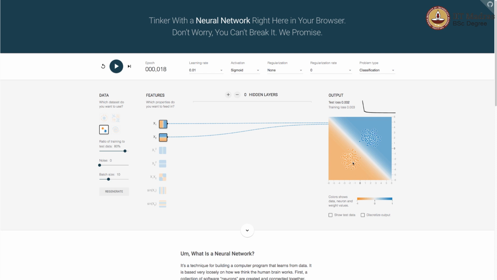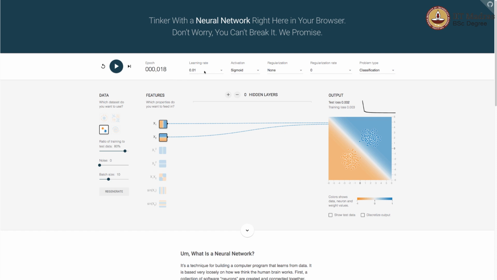Across the decision boundary, classes are getting separated correctly, right? All blues are in their own region and all oranges are in their respective region. If you look at the test data, it is also correctly separated. All blues are in the blue region and all oranges are in the orange region. It took us some 18 epochs to reach this particular level.